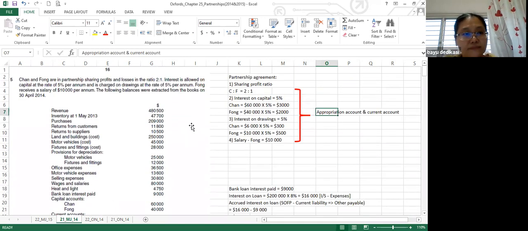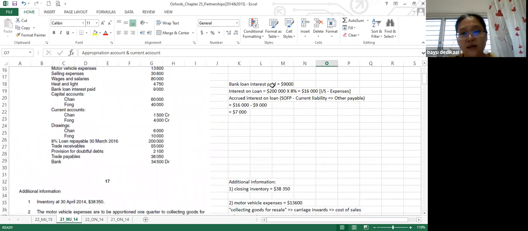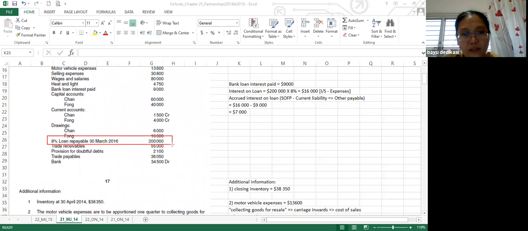Next is the information given from the trial balance. Okay, for this bank loan interest, in here we have two amounts that you need to watch out for. One is the 8% loan repayable, 200,000. Another is the bank loan interest.